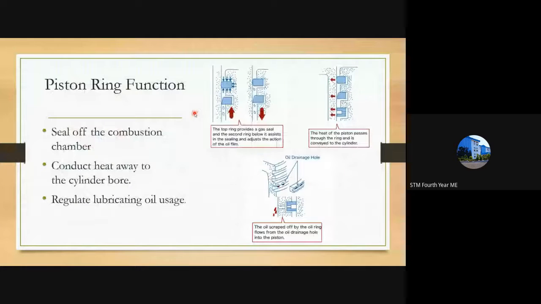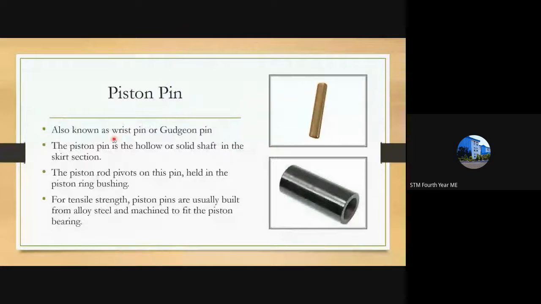It is also known as the wrist pin or gudgeon pin. The piston pin is a hollow or solid shaft, so it comes in two types. It can be a solid shaft wherein there is no hollow portion, a single material made into a solid.